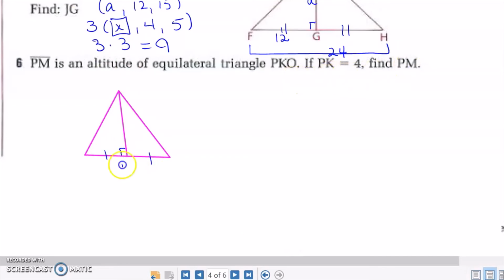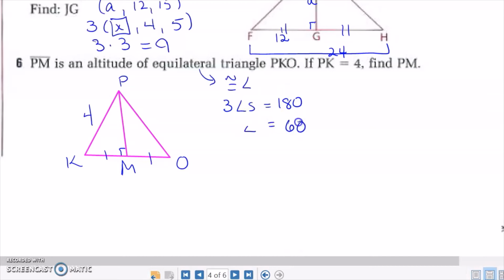And it says the median is PM, or the altitude, of triangle PKO. If PK is 4, well, if we have an equilateral triangle, that means it's also equiangular. And if we have 3 angles that equal 180, and they're all congruent, one angle has to be 60.